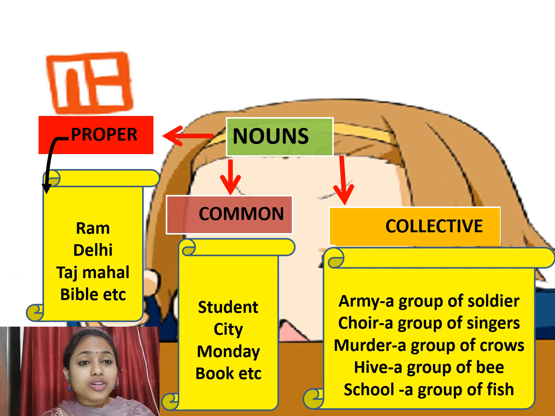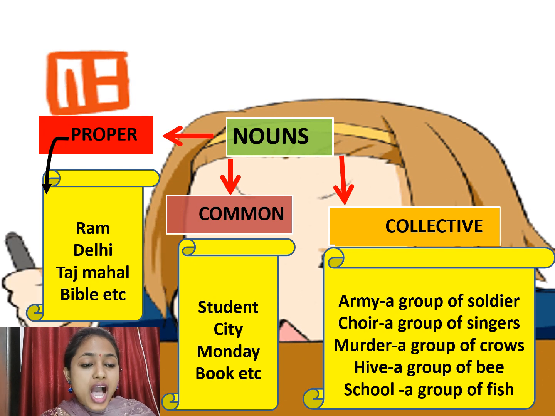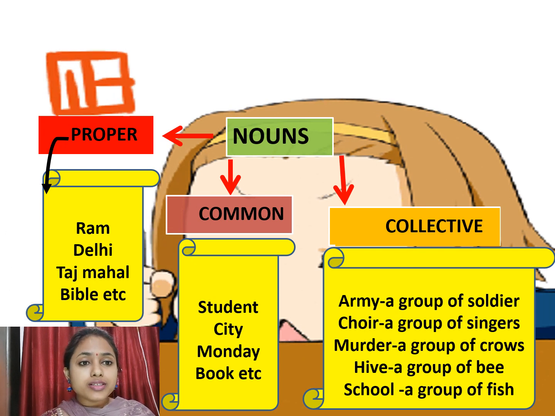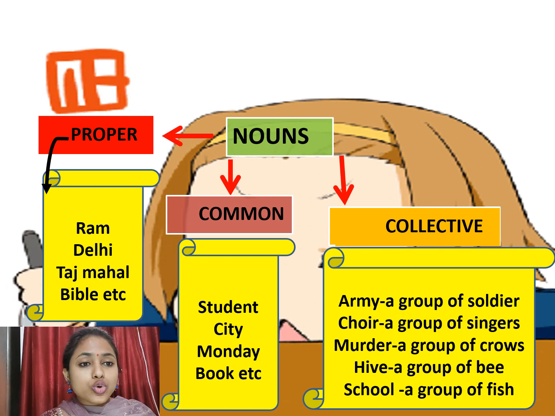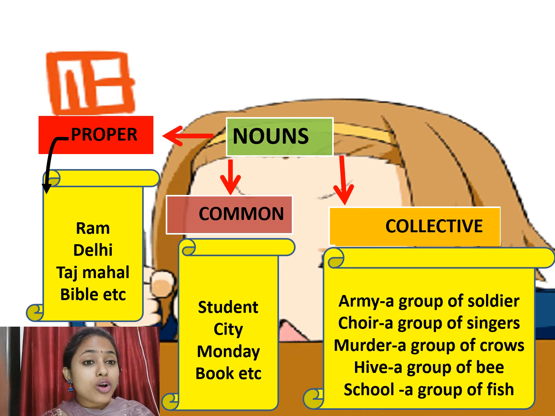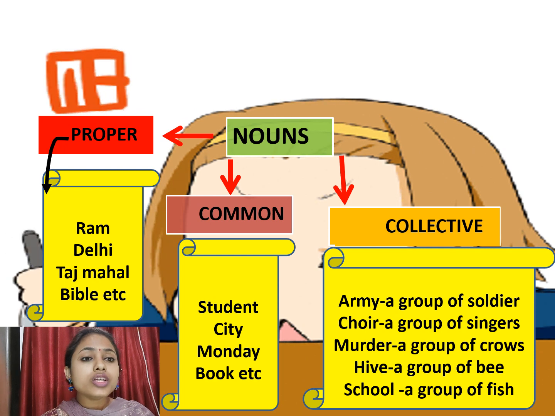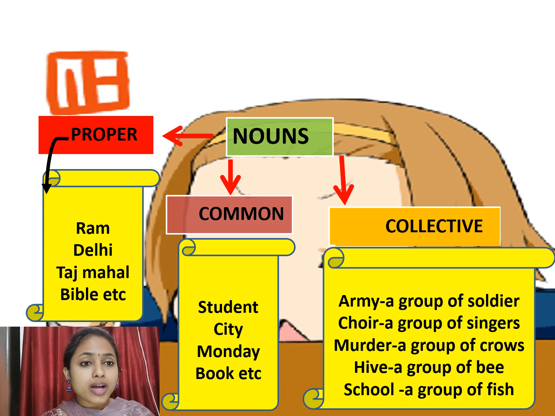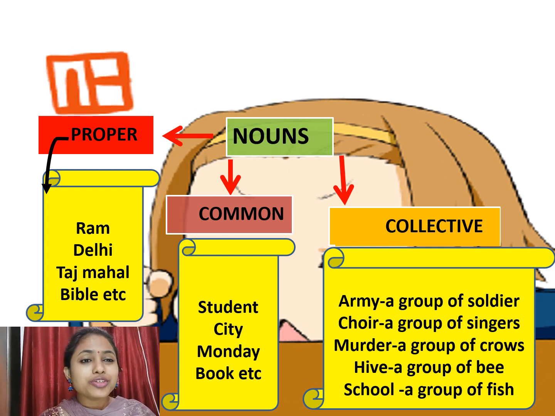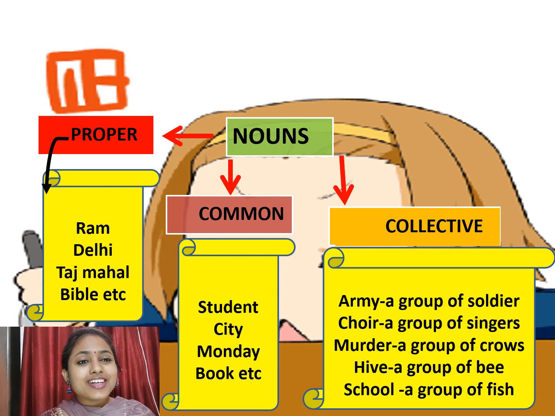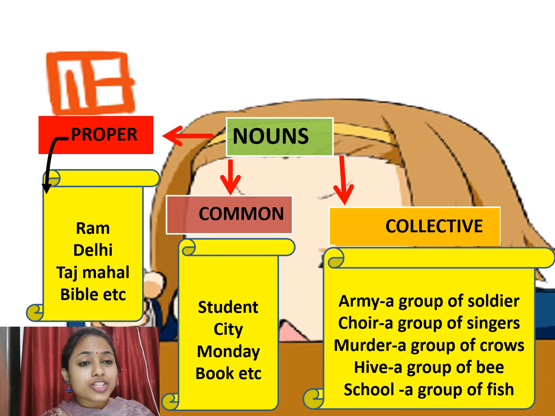It's very interesting to learn these things, right? Hive, a group of bees. Okay. School, not your school. A group of fish is also called as school. Remember the movie Nemo? First part, where every fish is going to a school. Yes. So a group of fishes are called the school.